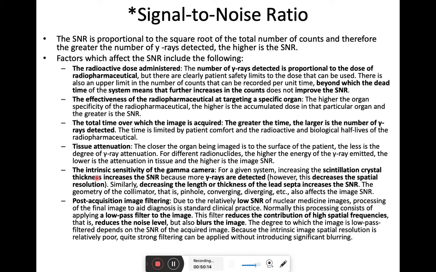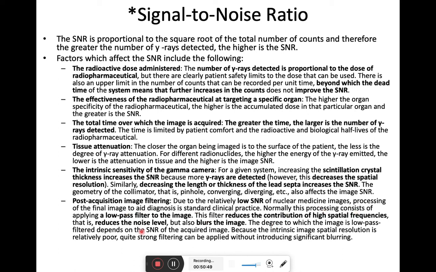In terms of the intrinsic sensitivity of the gamma camera, if we increase the scintillation crystal thickness, the SNR will increase because more gamma rays are detected, but this will decrease the spatial resolution. Another one is post-acquisition image filtering, which is the processing of the final image.